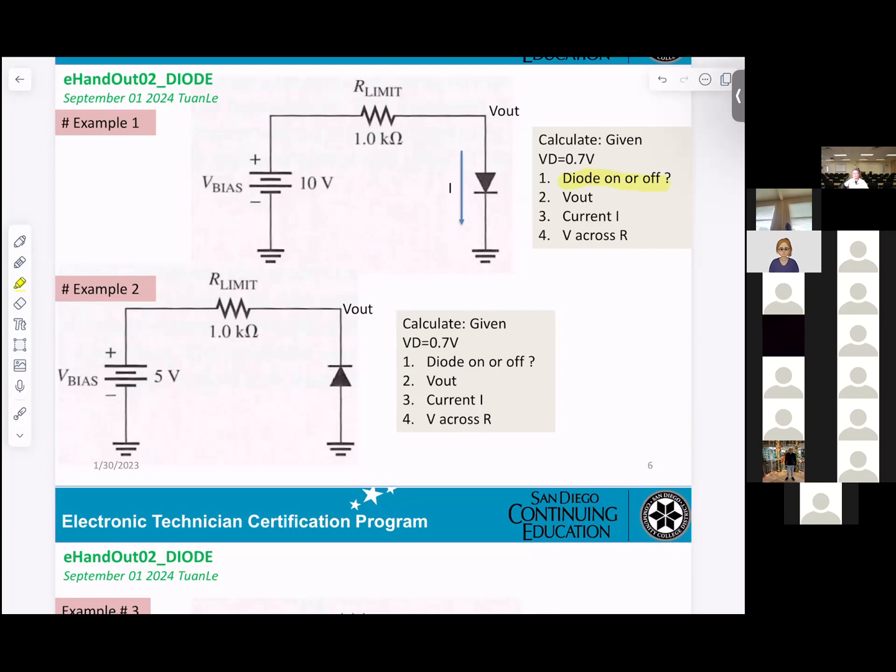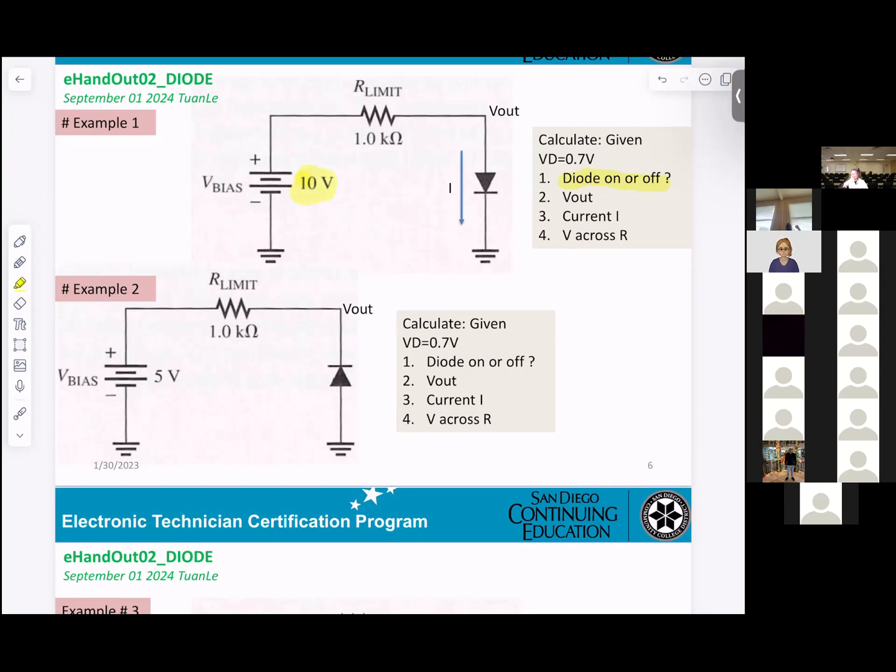You have to tell me what you think. On. Why? The anode is more positive than the cathode. The thing is right here, you get 10 volt.